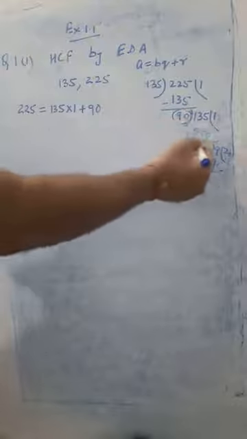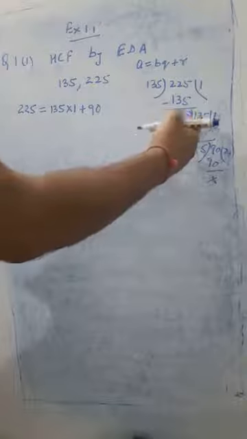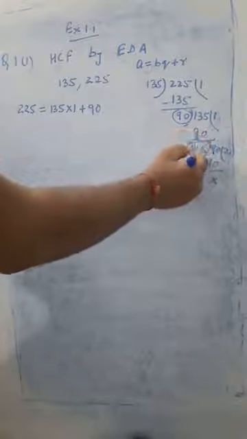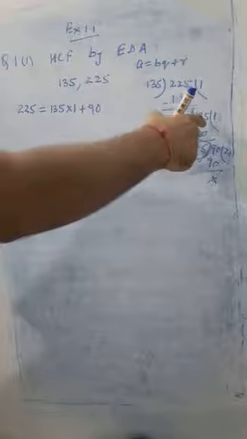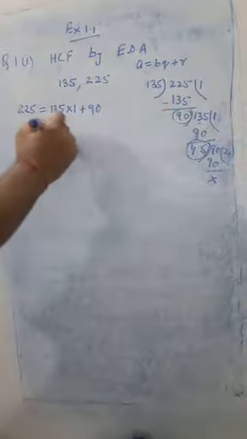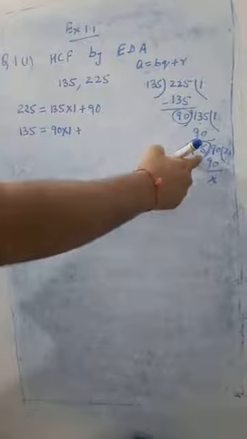And in this second part, when we divide 135 by 90, it goes one time and the remainder is 45. So we can write 135 as, this is the first divisor, so it becomes second dividend. So second dividend or first divisor 135 is written as 90 into 1 plus, that is the remainder 45.